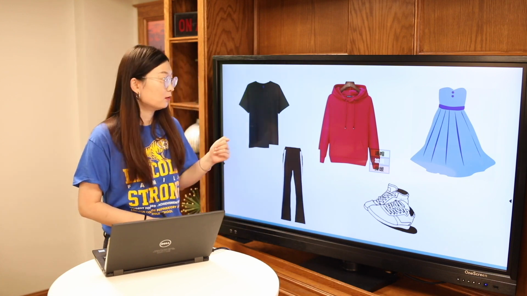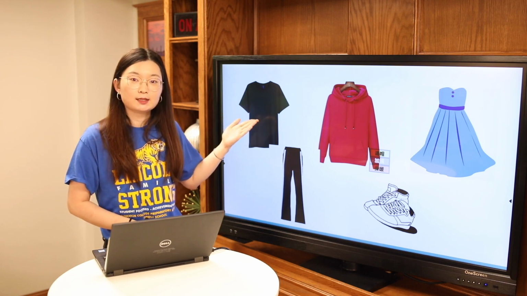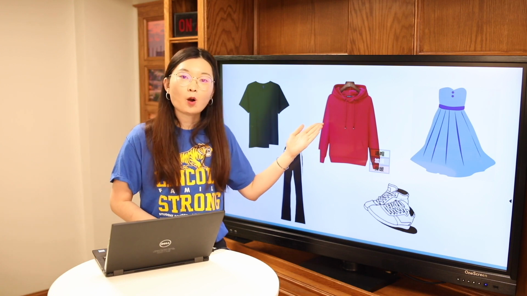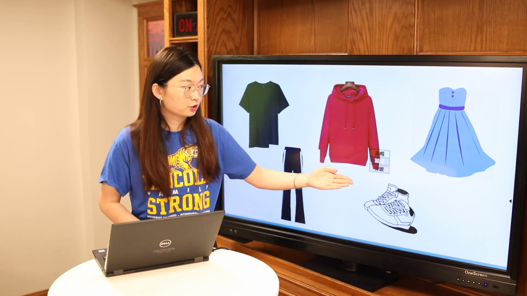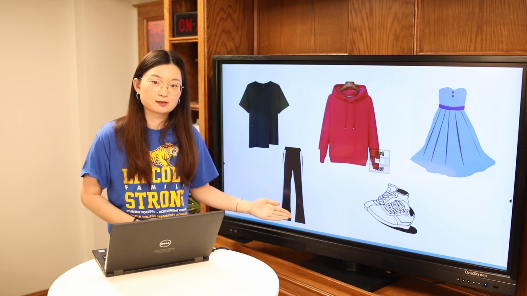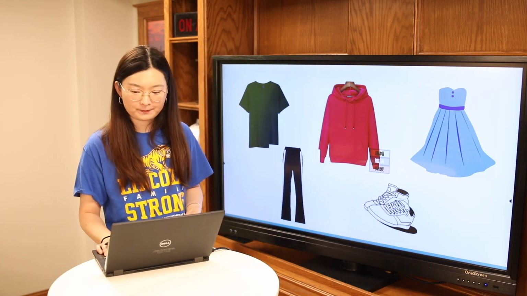Okay, so for example, a green t-shirt would be 绿色的 T-shirt. 这是红色的卫衣。这是蓝色的裙子。这是黑色的裤子。这是白色的鞋子。Okay, so these are the vocabulary we're going to cover today.